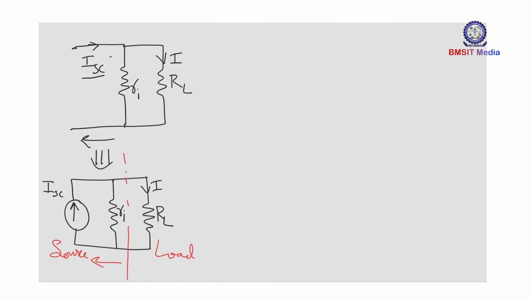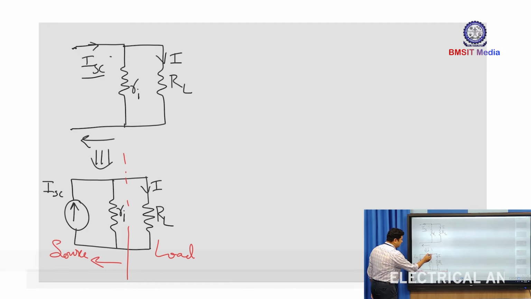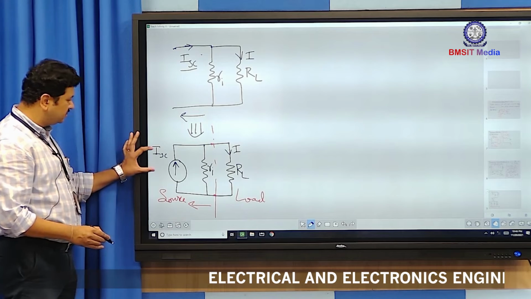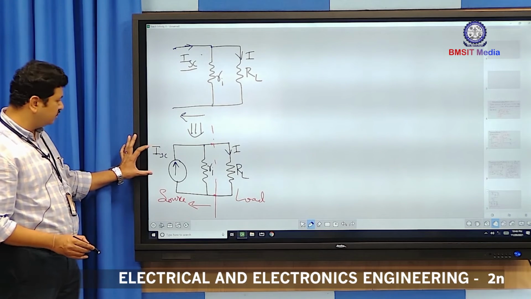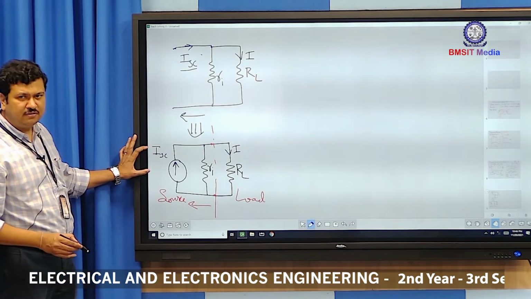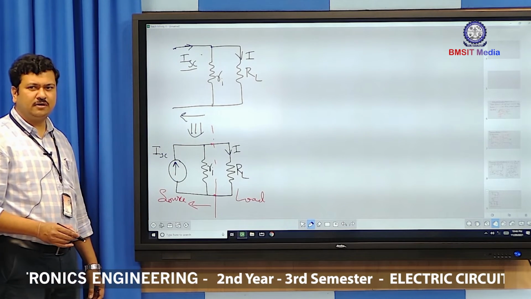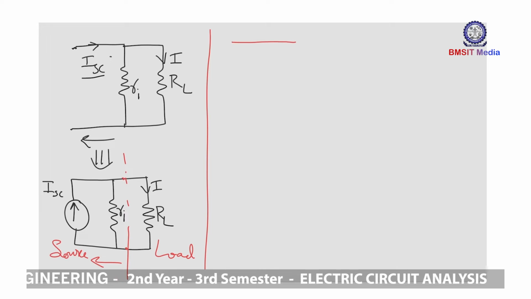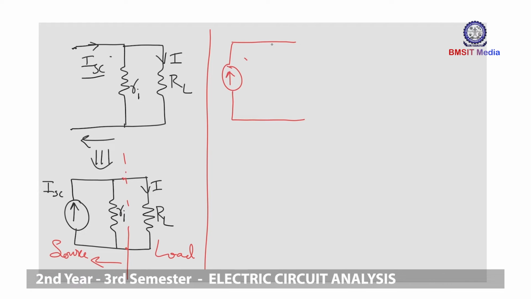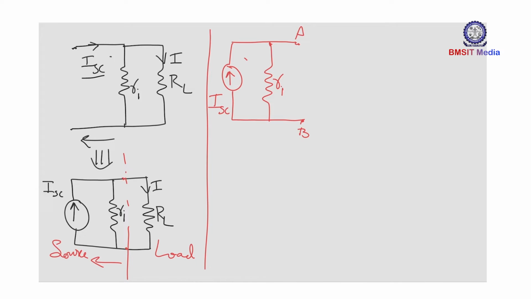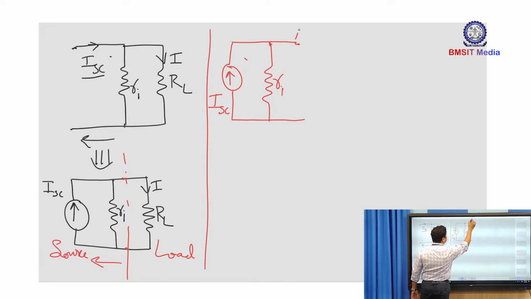So, I can represent a practical current source with an ideal current source of constant source value and an internal resistance in parallel to it. If I want to represent a practical current source, it would be like this, with these terminals A and B.